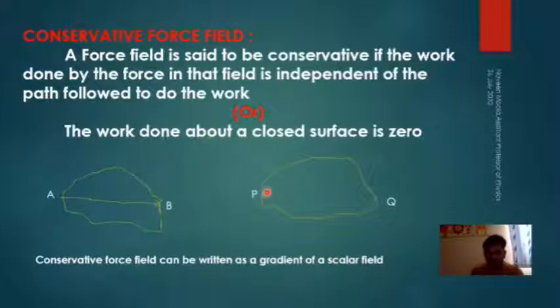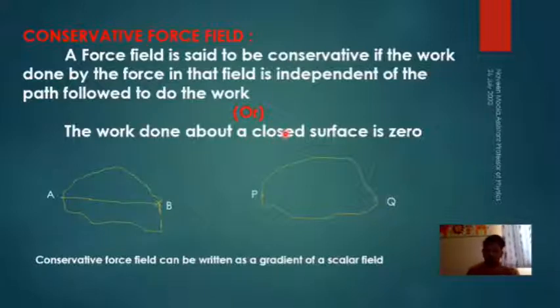Closed surface means we move the object from here to here, and then bring it back to the original point. From the first definition, P to Q in both directions are the same magnitude, so this is plus W, this is minus W, so the total becomes 0. That means this second definition can be explained using the first definition. Both are one and the same.